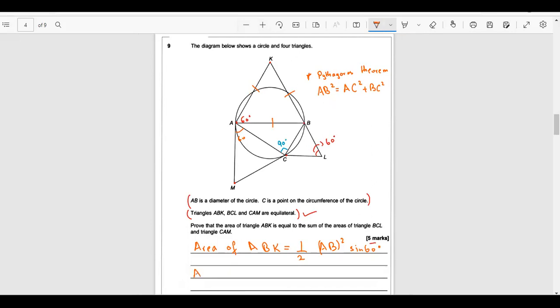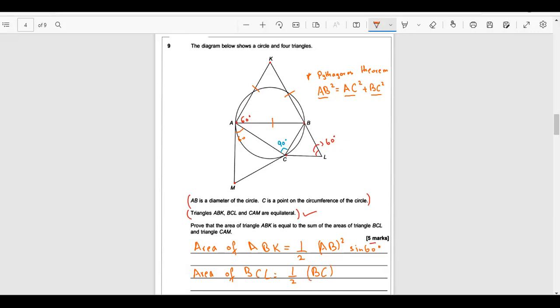Then we can write down similar expressions for the area of BCL. It would be half, and we would not be talking about BL and LC, because we know there's a relationship between AB square, AC square, and BC square. So I'll stick to the side BC, and we need two sides and the third angle, but since it is an equilateral triangle, that does not matter.